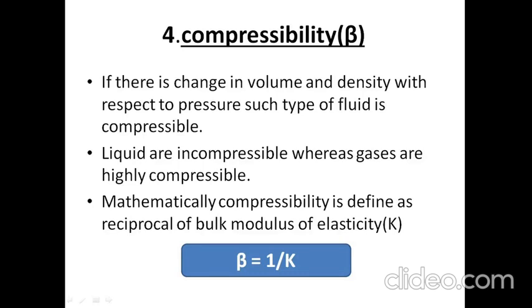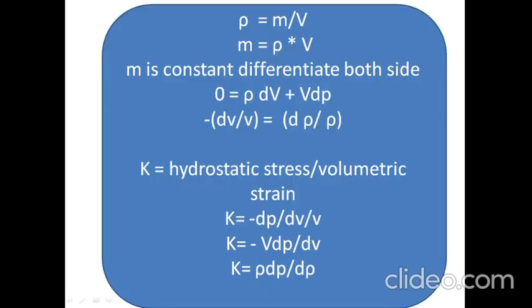If there is a change in volume and density with respect to pressure, such a fluid is compressible. Liquids are incompressible, whereas gases are highly compressible. Mathematically, compressibility is defined as the reciprocal of bulk modulus of elasticity. Beta is inverse of K. Density is equal to mass upon volume.